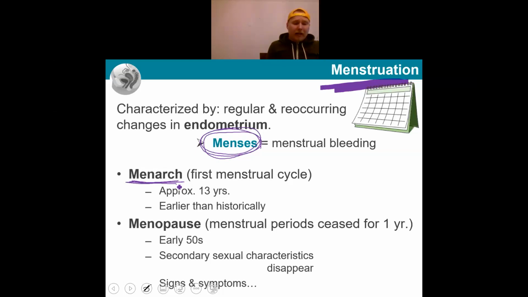Reasons for this, there's a few different explanations. I think your textbook simply settles with proposing that that's because we have various hormones and we're exposed to various chemicals and so on from our surroundings. That is possible, that might play a role.